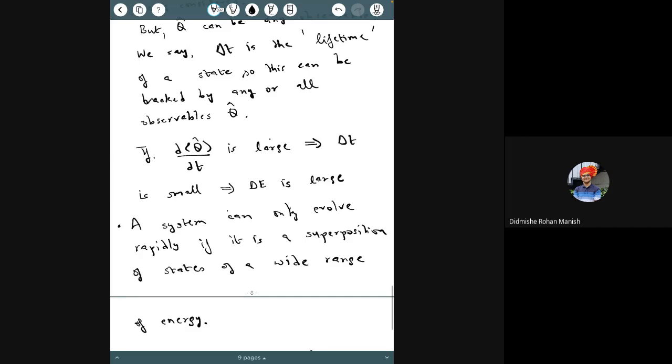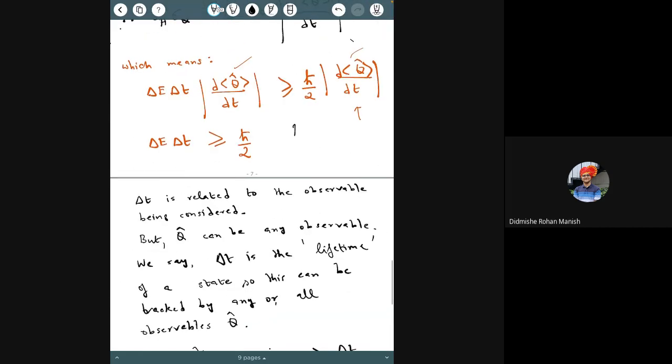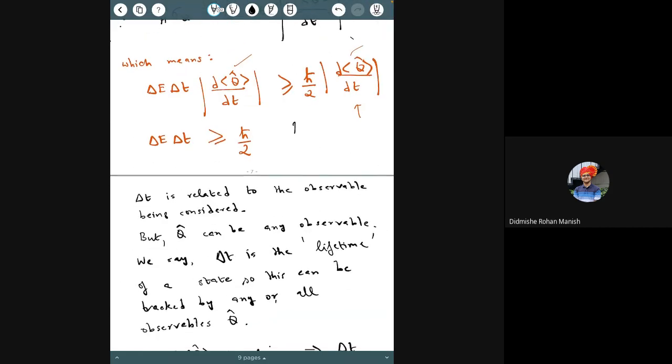And this last part, could you explain again? After we got delta E delta T greater than or equal to h cross by 2, could you explain that once more? This part, okay. The fundamental problem in this whole energy-time uncertainty principle is that you cannot measure time for a state. You can have a reference time.